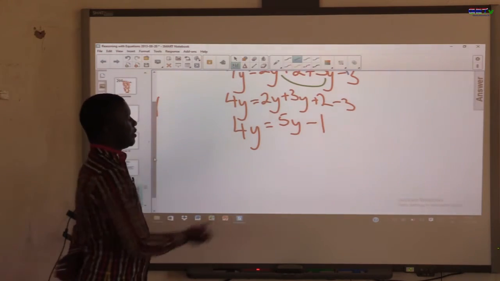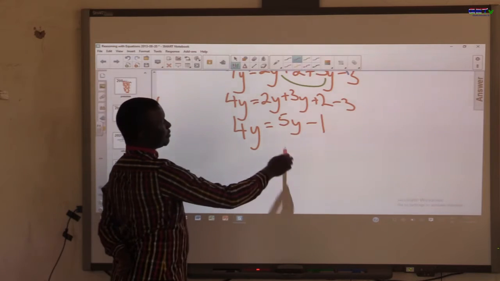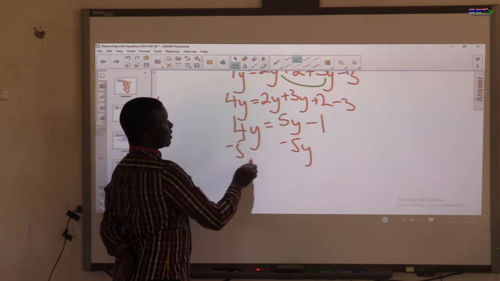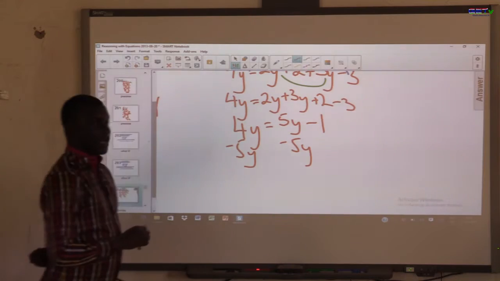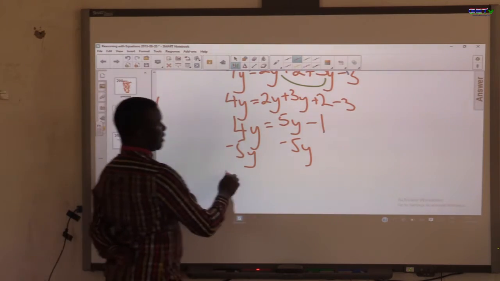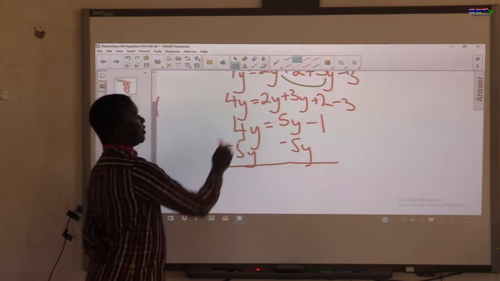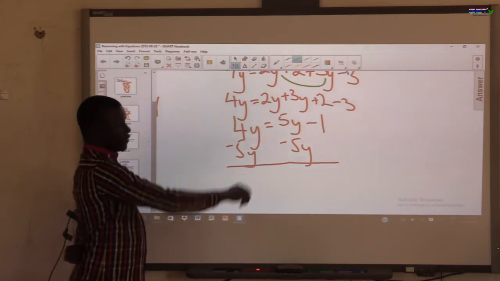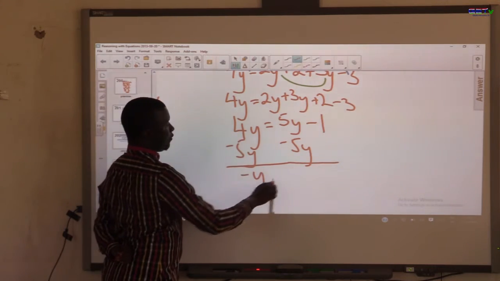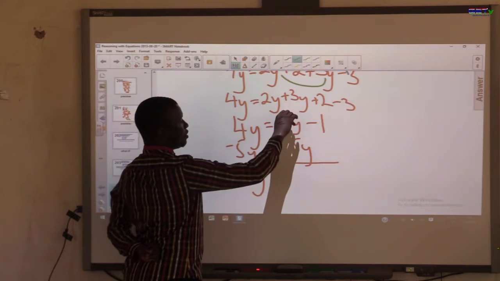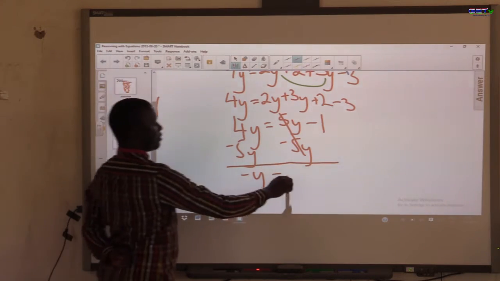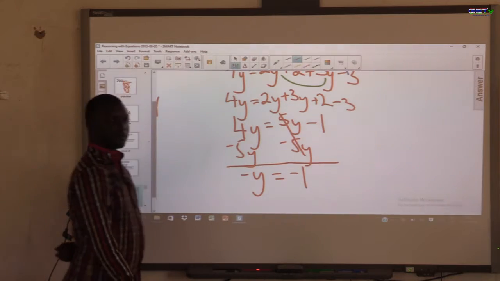Okay? Now we undo the 5y here by subtracting 5y on both sides. And this would give us 4y minus 5y, negative y, equals 5y minus 5y will cancel out, equals 1.